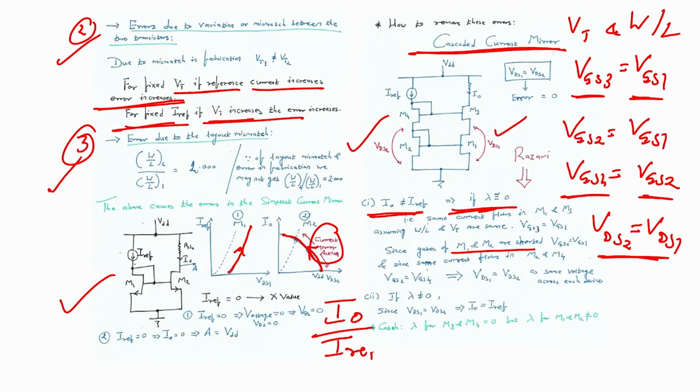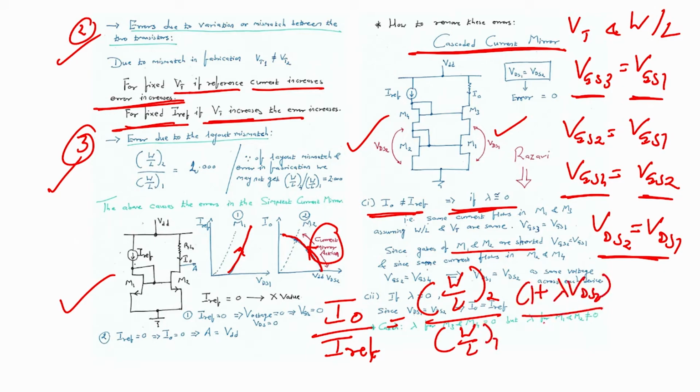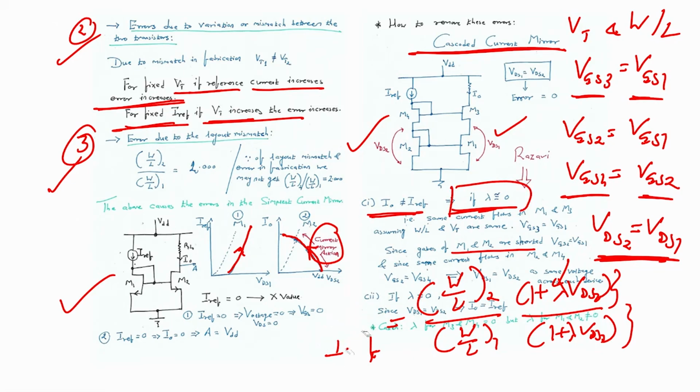IO by I reference is nothing but W by L of 2 over W by L of 1, times 1 plus lambda VDS2 over 1 plus lambda VDS1, right. VDS2 equals VDS1, the condition is satisfied. Lambda equals 0 we have assumed here. That means our error would be 0.